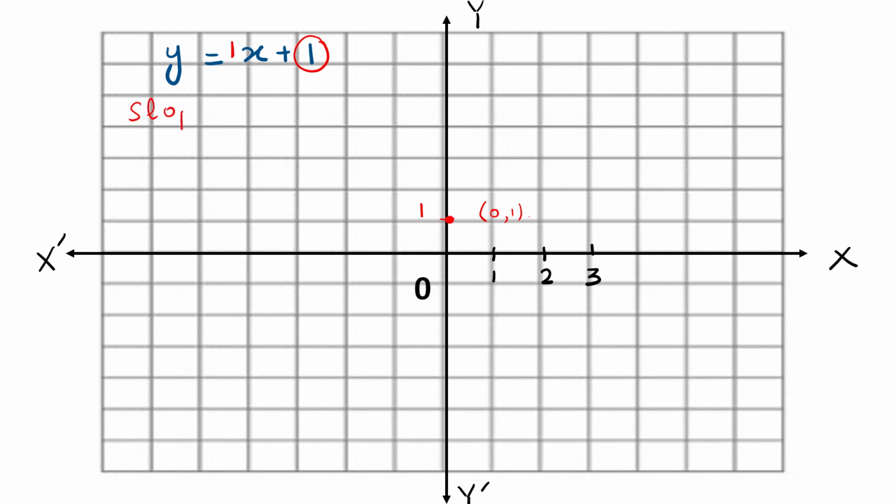As we know that slope equals rise over run. It means rise is 1 and run is also 1. So from this point 0, 1, we will go 1 unit up and 1 unit right to get the next point.